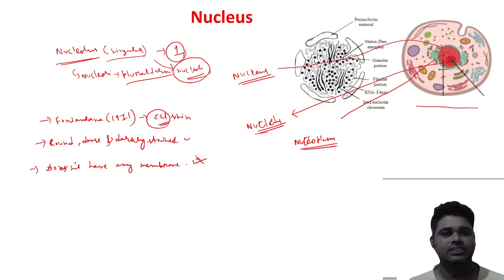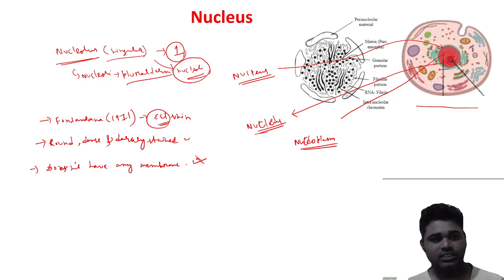Inside the cell it is called the cytoplasm, and like that, inside the nucleus it is called the nucleoplasm. Because the nucleolus is a non-membrane structure, the content of the nucleoplasm is continuous with the nucleolus. That means the content present in the nucleoplasm can be transported to the nucleolus freely because it doesn't have any membrane.